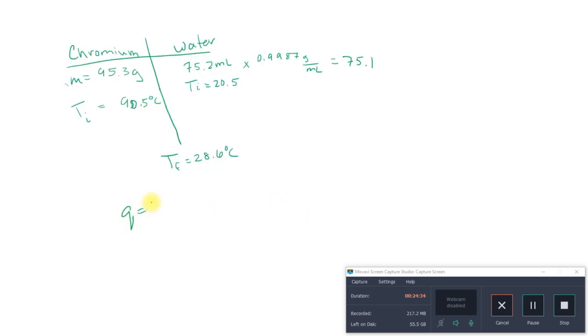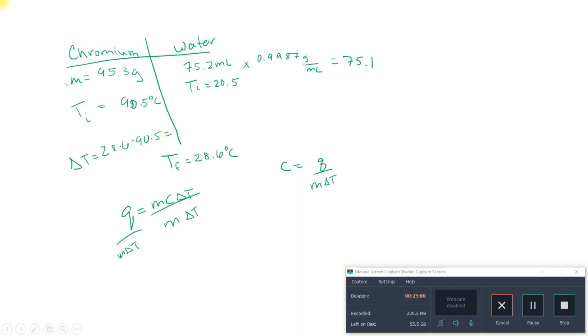Here's another way of doing that same kind of problem. I'm going to rearrange first, dividing by m delta T on both sides. So the heat capacity is Q divided by m delta T. If I can find the Q of the metal, I have the mass of the metal, and I can find a delta T because it's final minus initial.